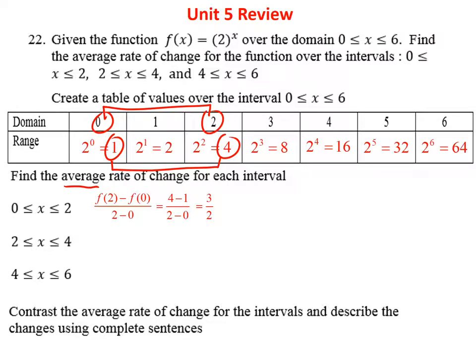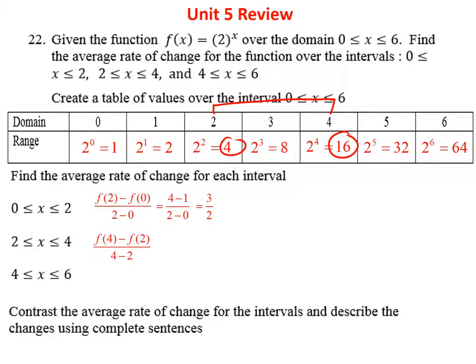Now when we go between 2 and 4, same thing, but now our values are 16 and 4. So the function at 4 minus the function at 2, divided by 4 minus 2, I get 16 minus 4 over 4 minus 2, or 12 over 2, or 6, is our average rate of change over that interval.